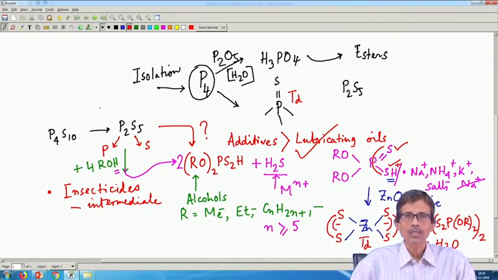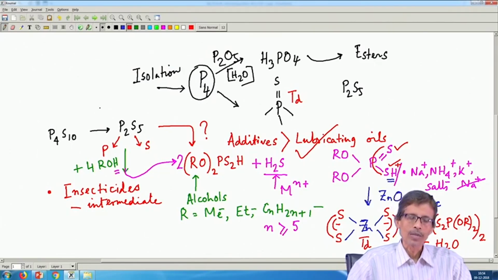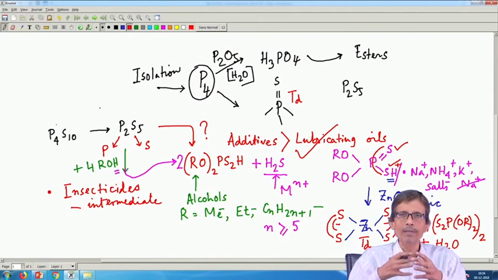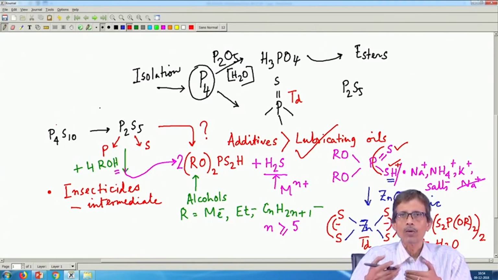So what can be your starting material for this? Definitely P4S10 will be the starting material, the inorganic chemical useful for making your insecticide molecule. So stepwise we are going from one step to the next.